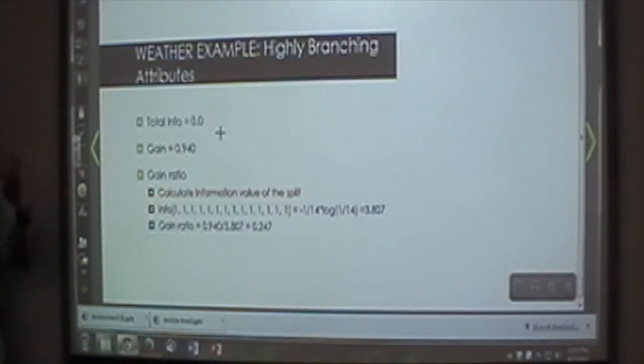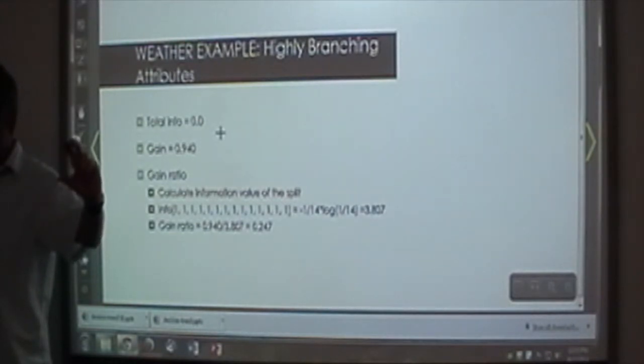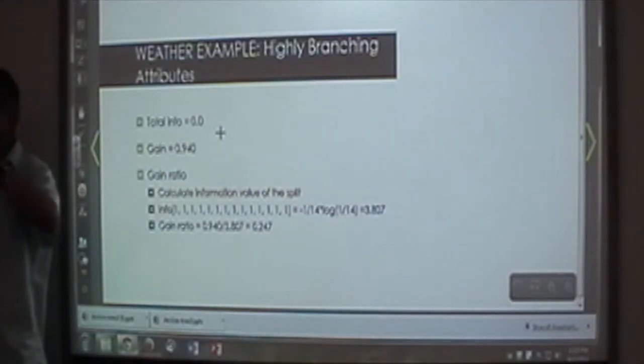One is using the gain ratio, where I calculate the information value of the final split. Basically, the problem is it's splitting over every single instance, right? I like to use the example of a model of the physical universe built by knowing the location and motion of every single atom in the physical universe.